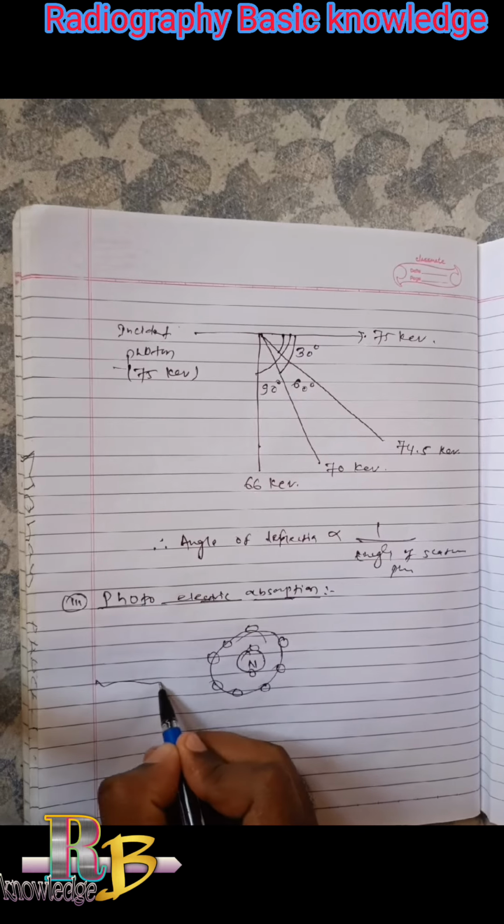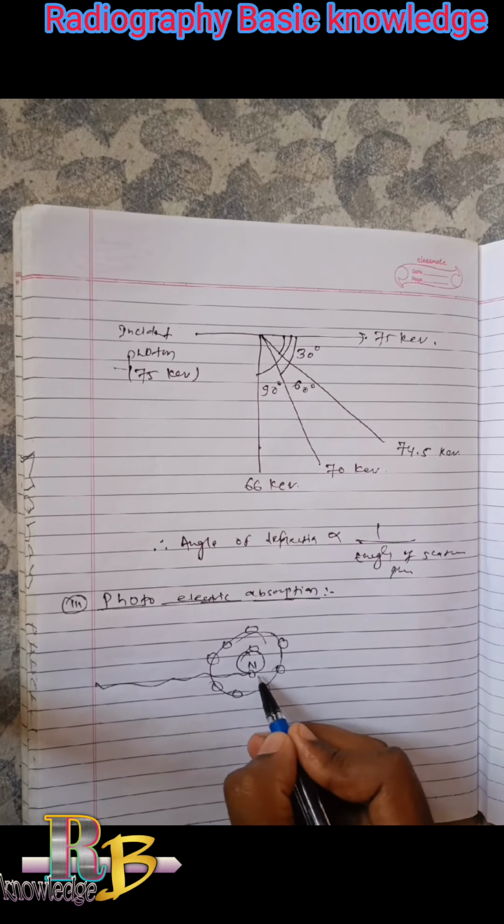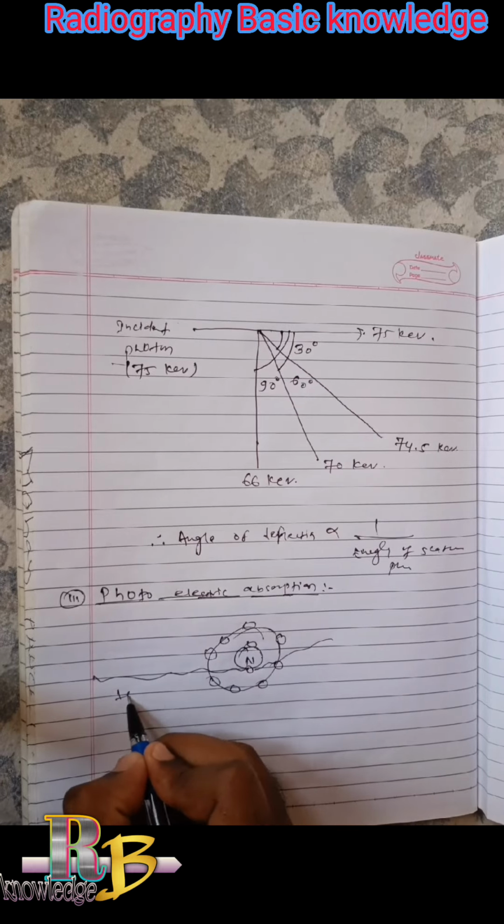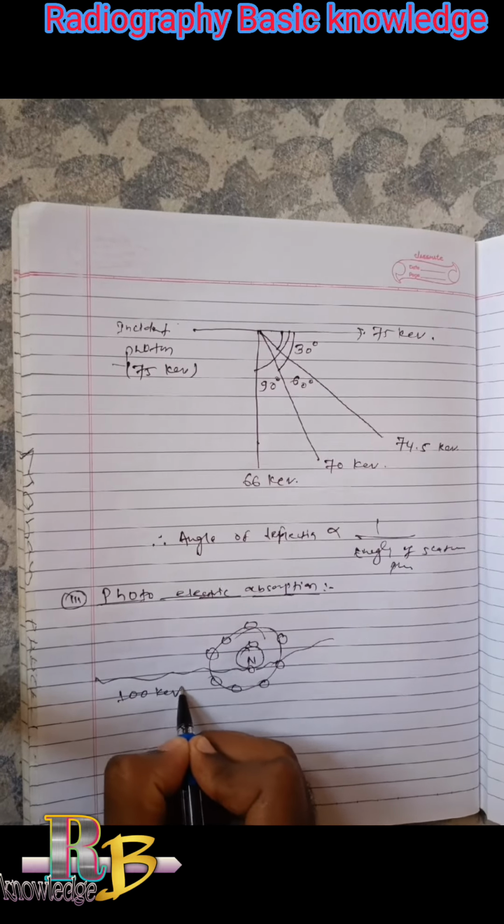The energy of the incident photon is higher, about 100 kilo electron volt.